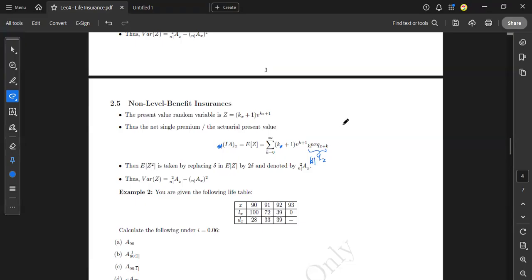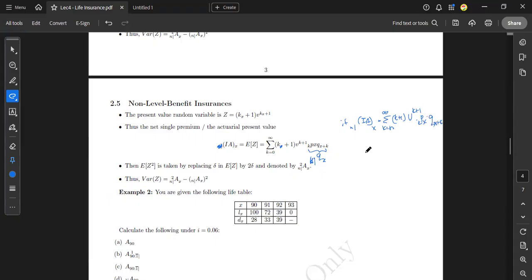So if this was deferred, then the summation goes from n to infinity, and this is k plus 1, and v to the power k plus 1, kpx and q x plus k.